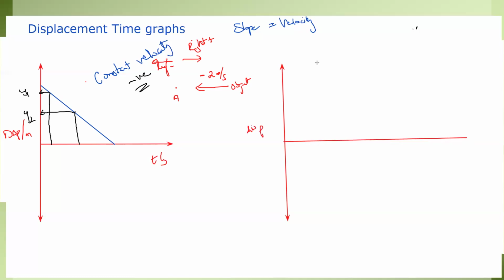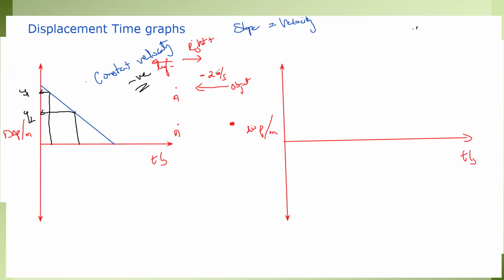So it is important to understand the direction of the velocity from the displacement time graphs. If we have displacement and time, why is the displacement towards the right and the velocity toward left? Look, you are observing at position A and you see an object at this point.